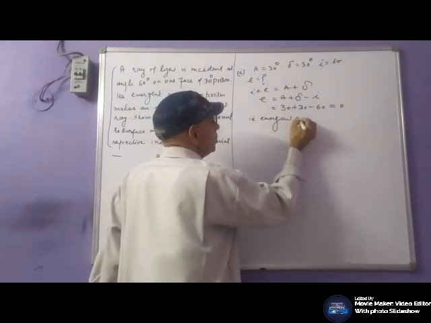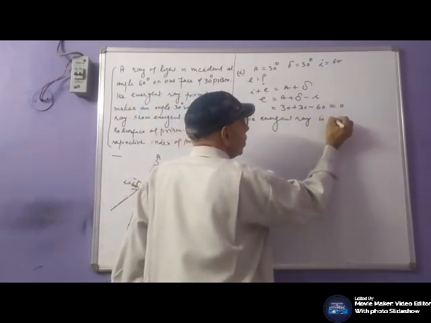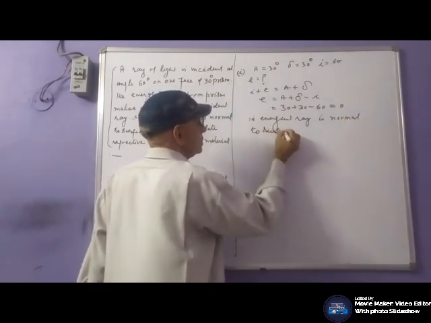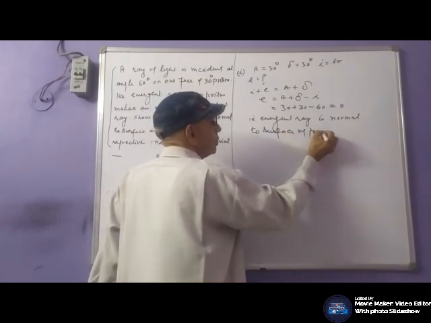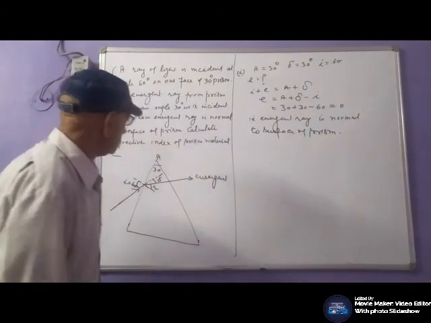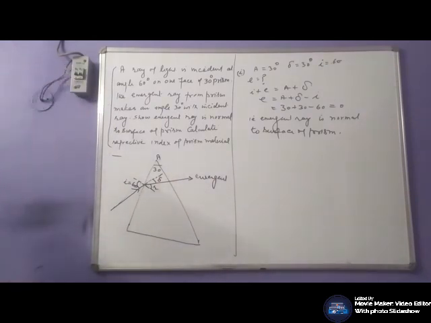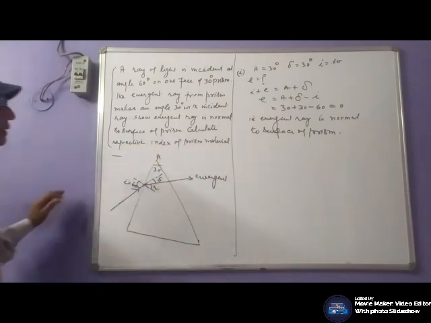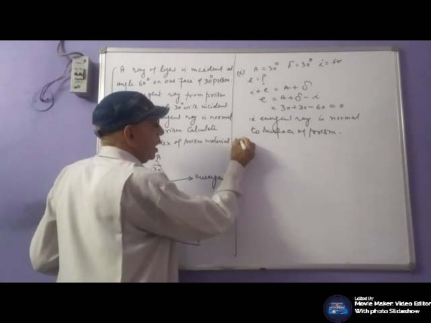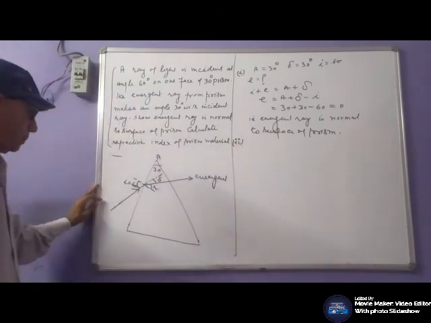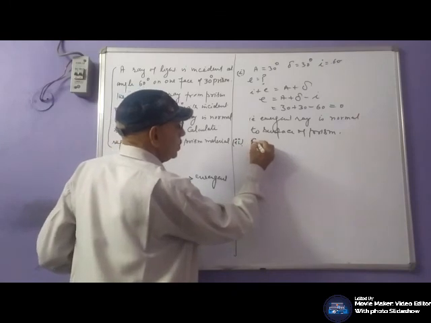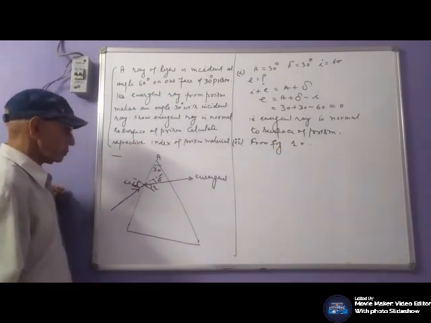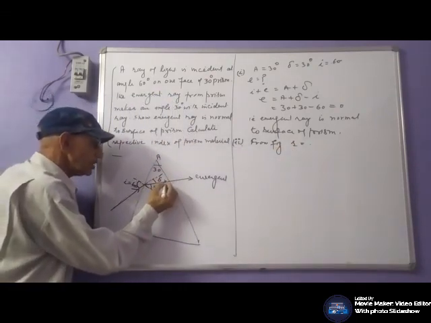That is, the emergent ray is normal to the surface of the prism. Hence, calculate the refractive index of the prism material. Second question. I is known, find out R. From the figure, R is, this is perpendicular, this is 90.